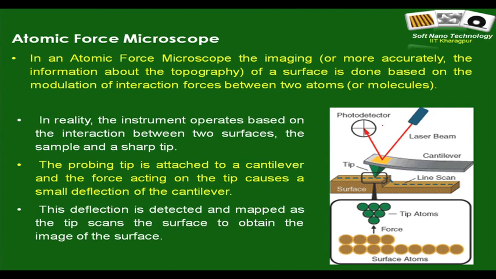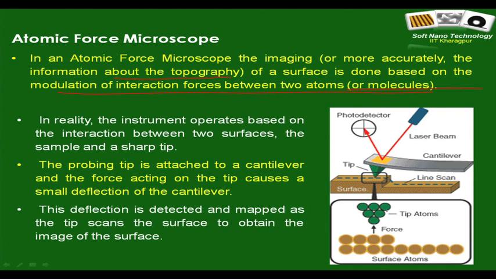So, in a quick discussion, I am sure I have already been able to give you an idea about what is an AFM. It is an atomic force microscope, which gives information about the topography of a surface based on the modulation of interaction forces between two atoms or two molecules, two surfaces, let us say.